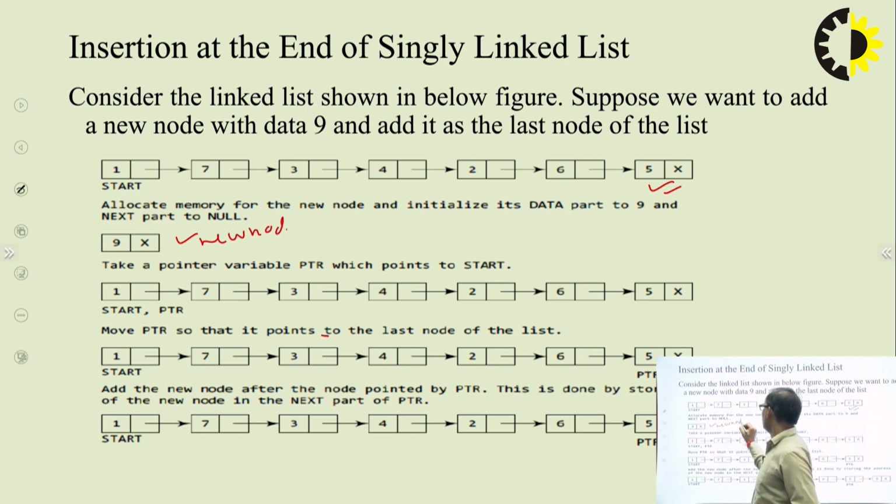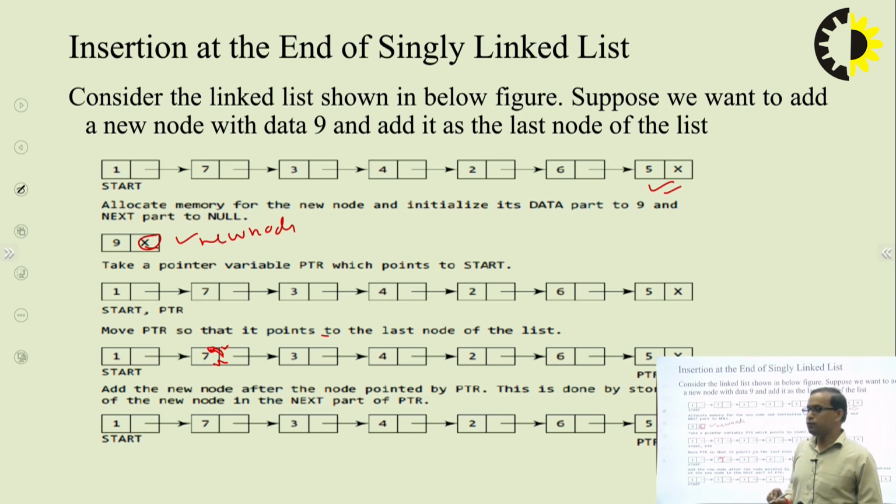At first we create the new node, allocate the memory to it, and assign the data field value. Since this is the last node, we can set the address field as null.